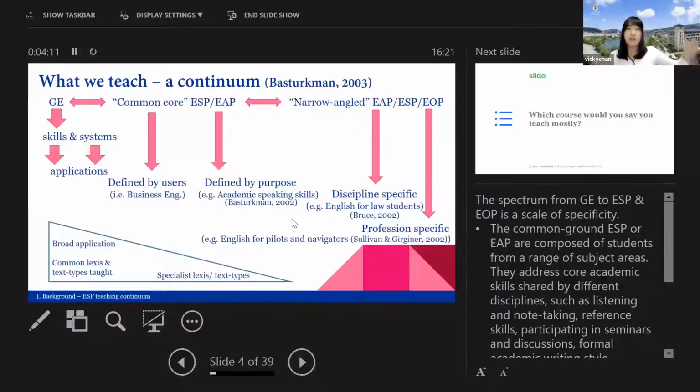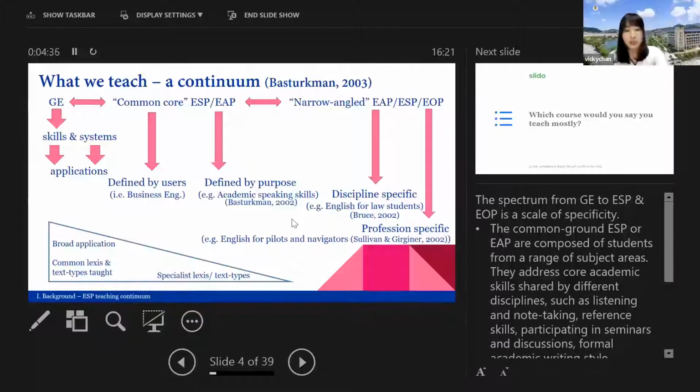As you can see from the very left-hand side, starting from general English, we focus more on the skills and systems of the English language itself, like listening, reading, writing, and speaking. And then students also learn to apply the language as well.